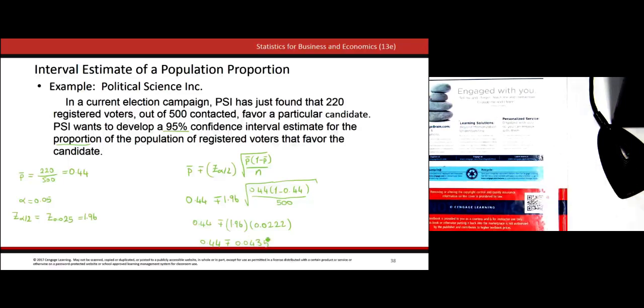Margin of error 0.0435, so the lower limit of the interval is 0.44 minus 0.0435.